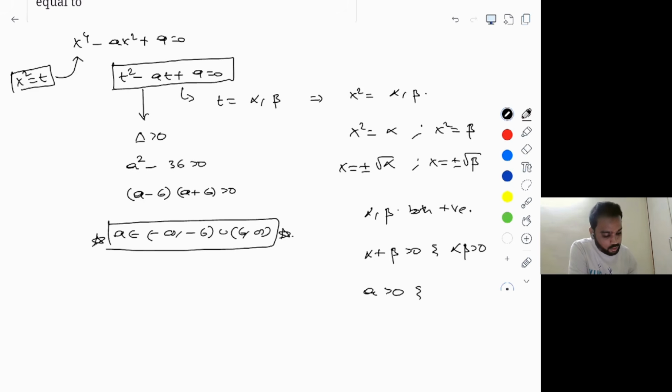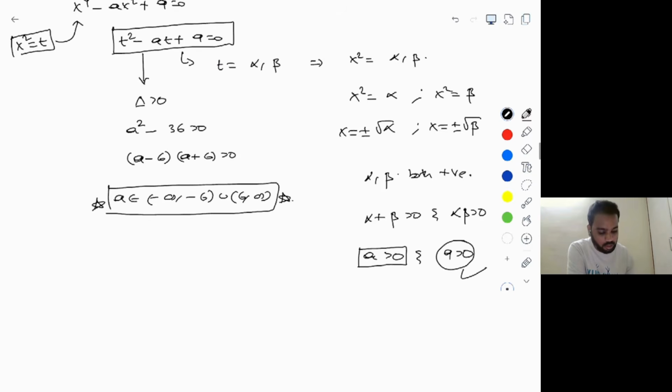And what is the product of the roots here? That is c by a, which is 9, which is greater than 0. But 9 greater than 0 is always true. And the remaining condition we get here is a greater than 0. So you must take the common part of these two. If you take the common part, what do you get? a belongs to (6, infinity). So this will be your final interval of a.